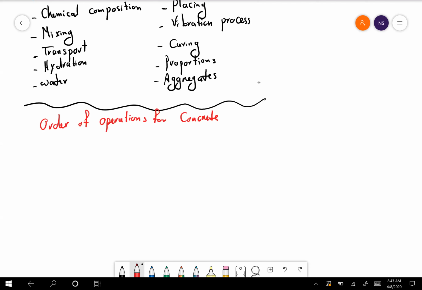Okay, so the order of operations for concrete is that you first design the mix, which is the proportioning.